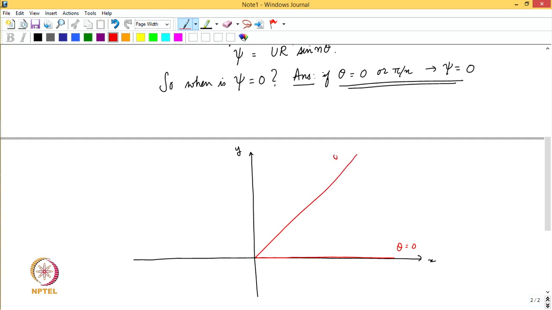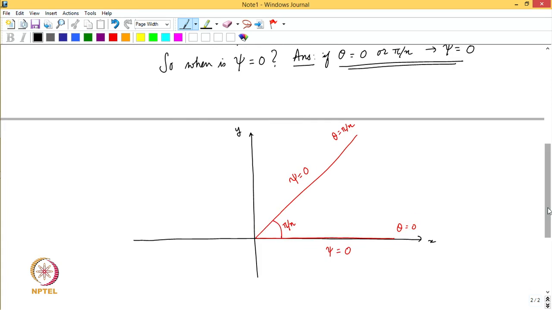So, this is theta pi by n. This angle sector has an angle pi by n. These two lines correspond to the same value of psi. So, keep this in mind and we will use this fact very soon. We will come back to the sketch and complete our analysis in a little while.